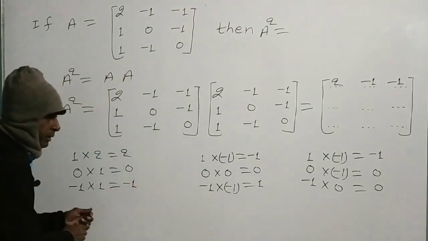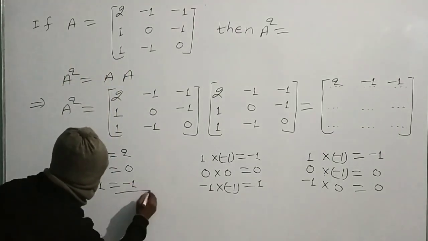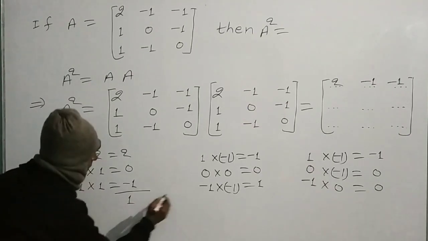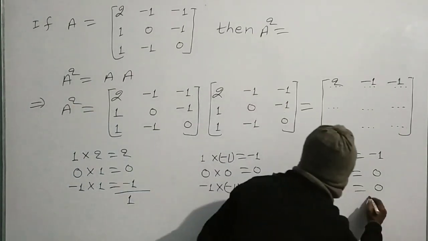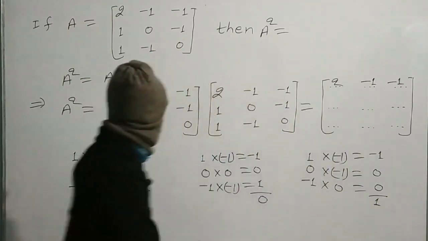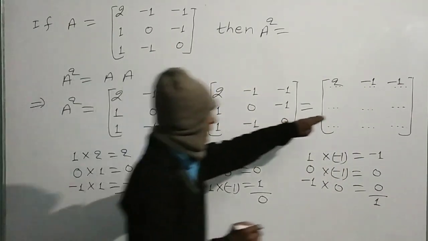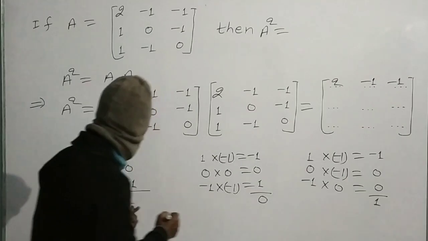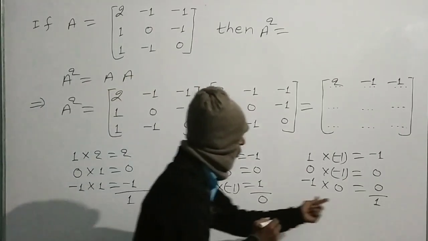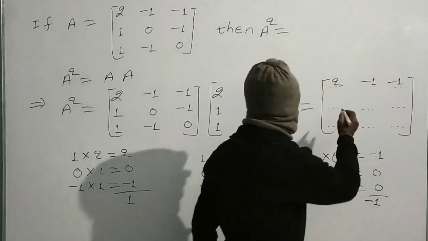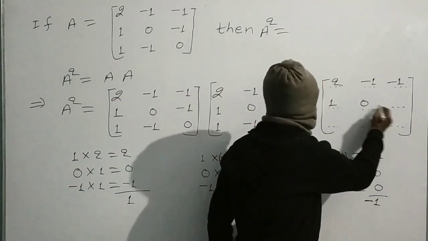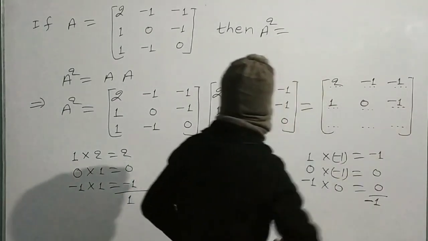Find the products, add these three products to get 1, 0, minus 1 and write in the second row: 1, 0, minus 1.